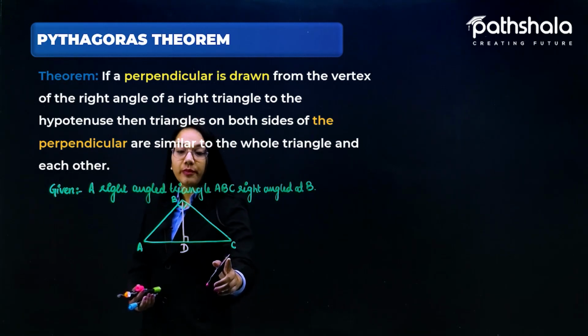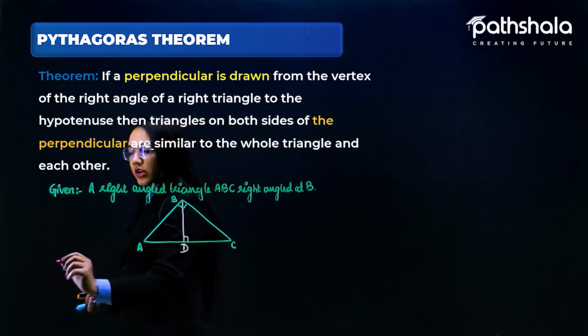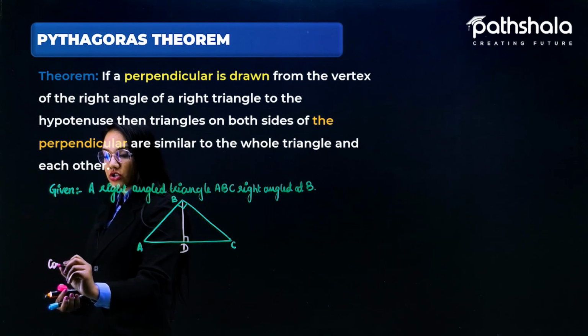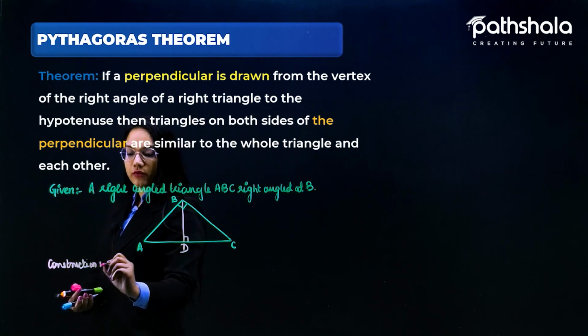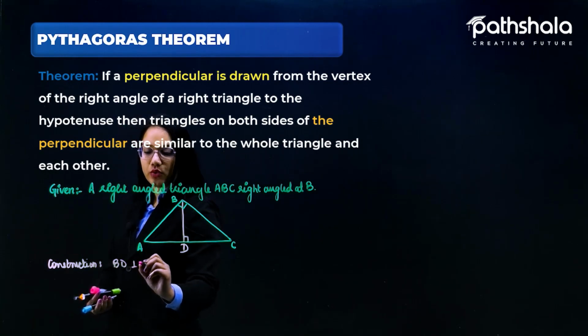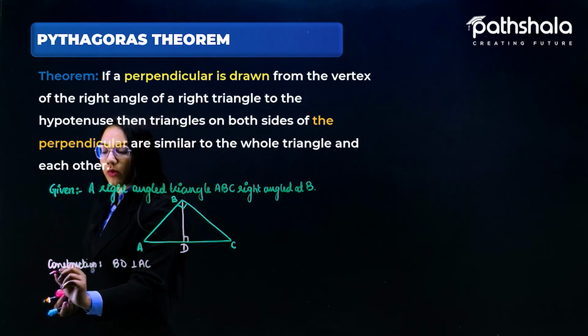As you can see over here, BD is drawn to AC. So let me write the construction: I have drawn BD perpendicular to AC.